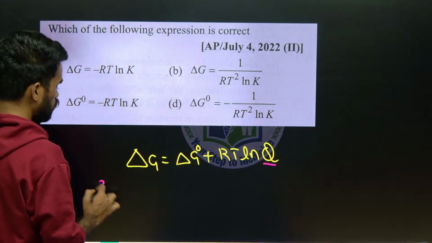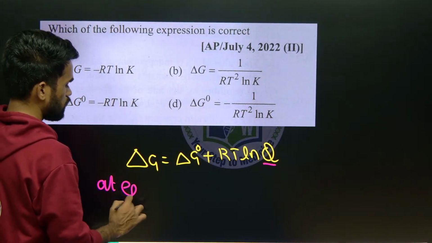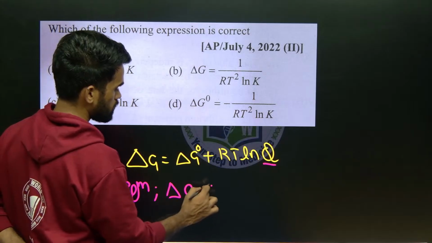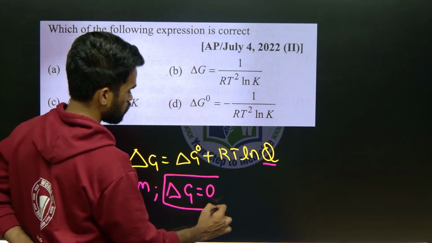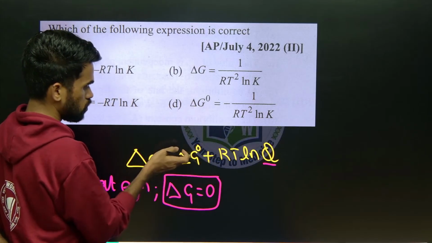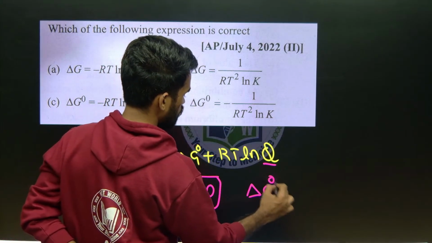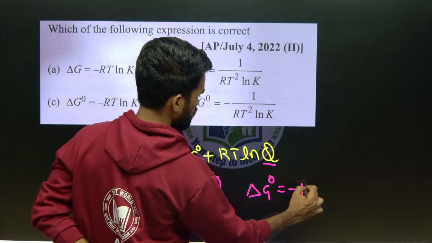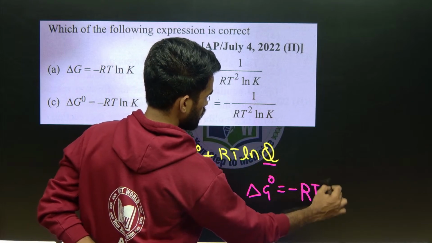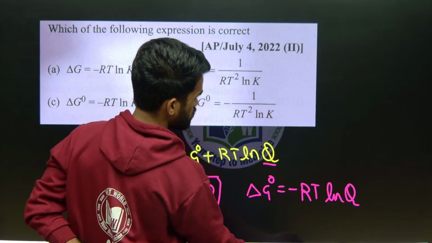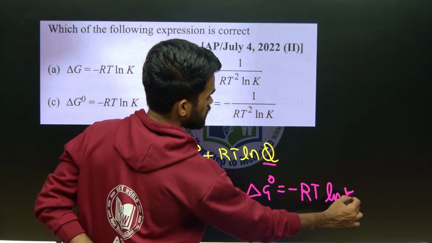If I say the reaction is at equilibrium, then the delta G value becomes 0. If this value is becoming 0, you can send this here. So delta G naught will be equal to minus RT ln Q, that's it. Ln Q becomes ln K, because it is at equilibrium now.